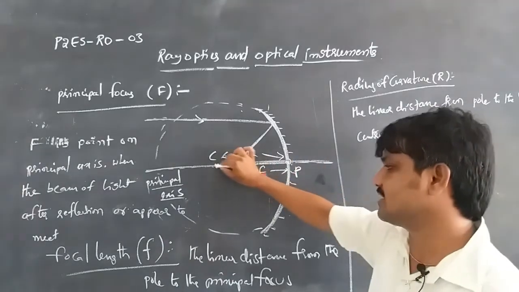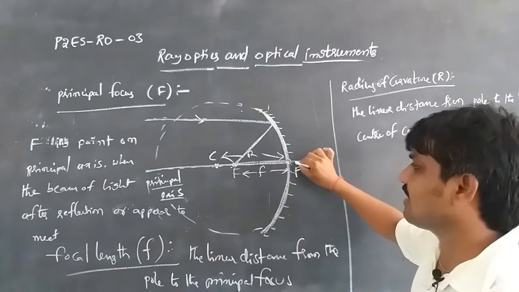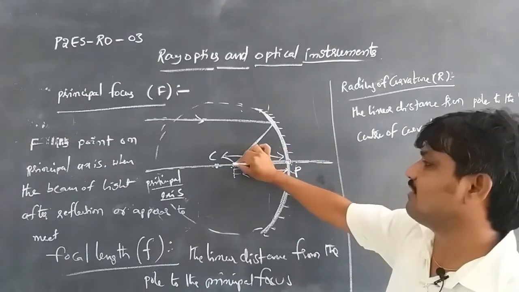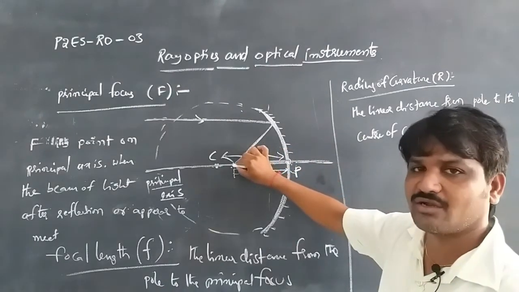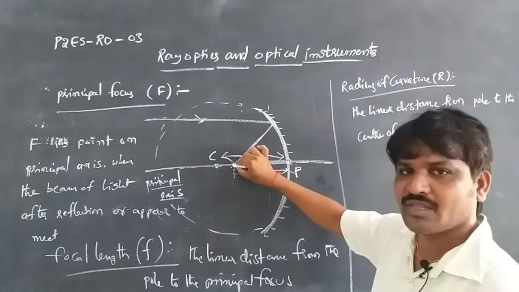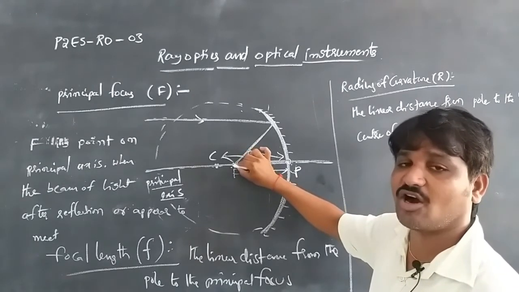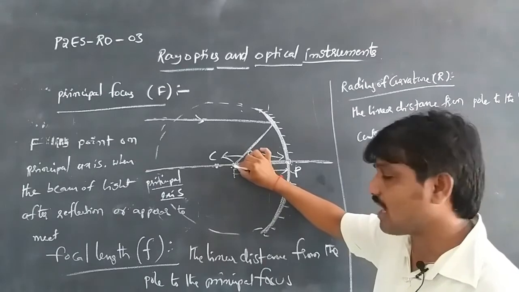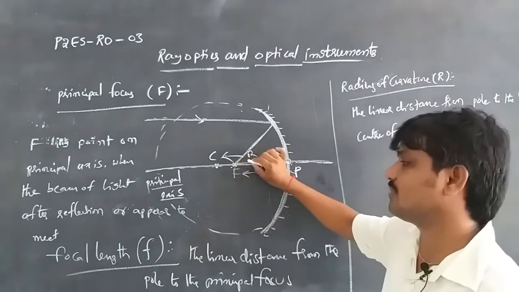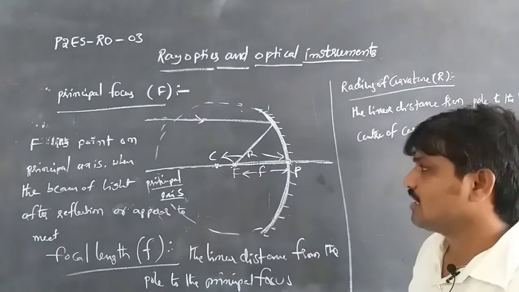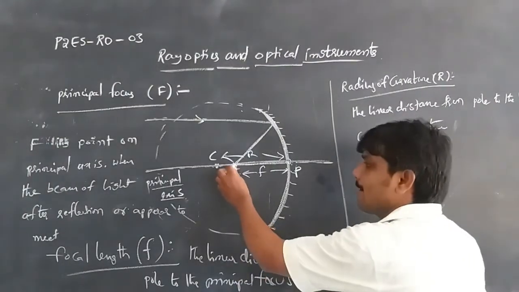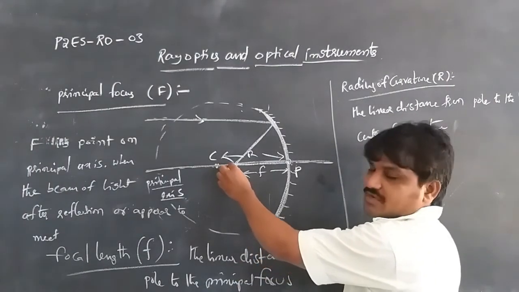This is the principal axis, and one more thing is the principal focus. It is a point on the principal axis where the beam of light, after reflection from the mirror, appears to meet.